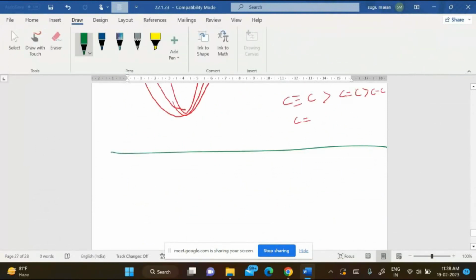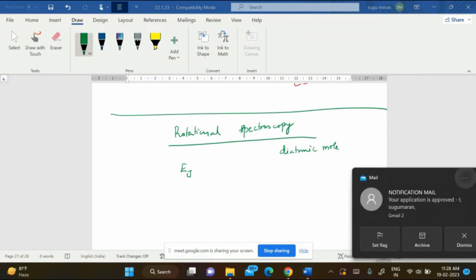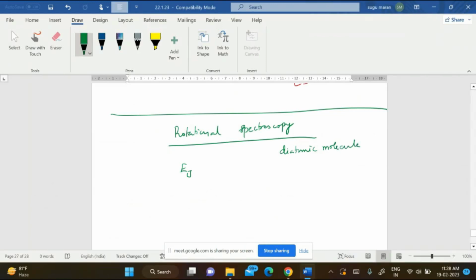Okay, so we have seen rotational spectroscopy, and the energy of the rigid rotator, the simplest diatomic molecule, which I call a rigid rotator.